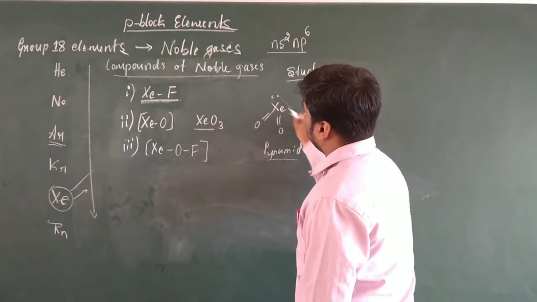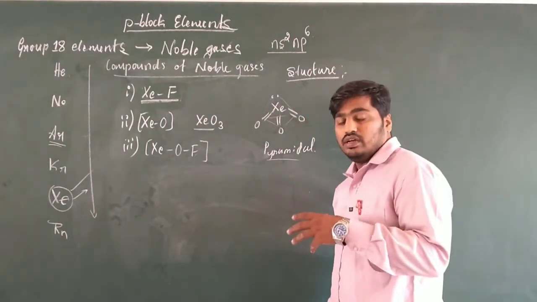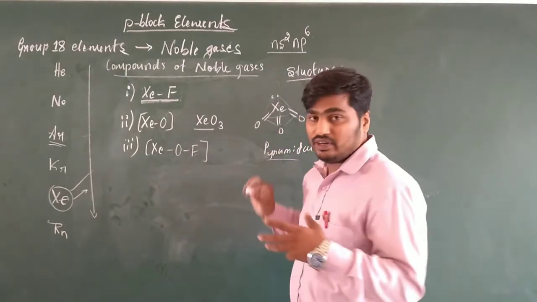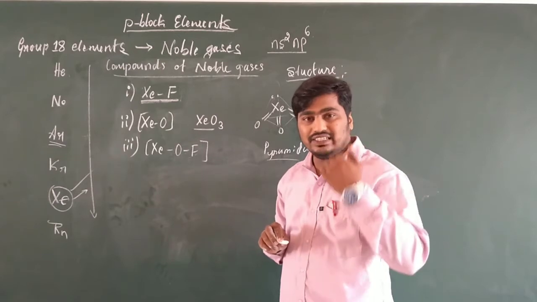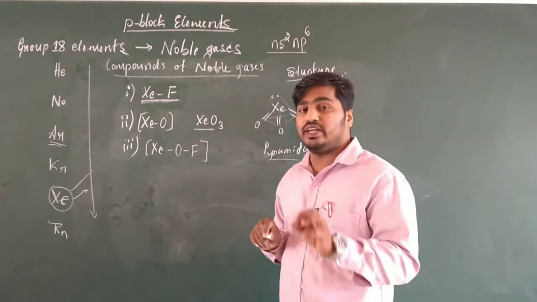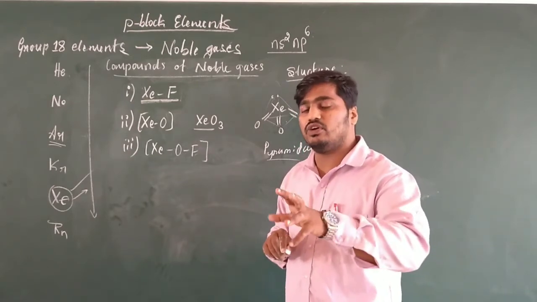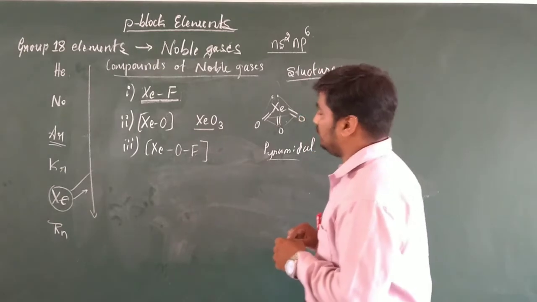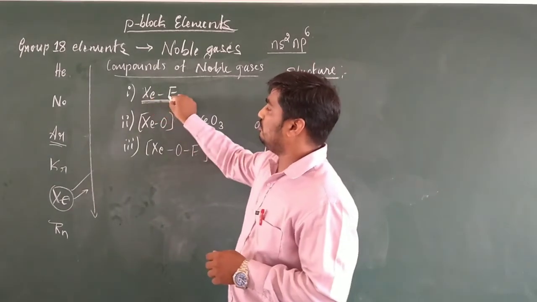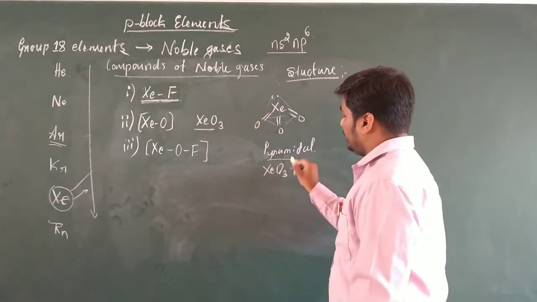And the actual geometry, by considering the lone pair of electrons on xenon, is tetrahedral, slightly distorted. Distorted tetrahedral geometry is observed. This one is xenon trioxide. Next compound is xenon fluorides.